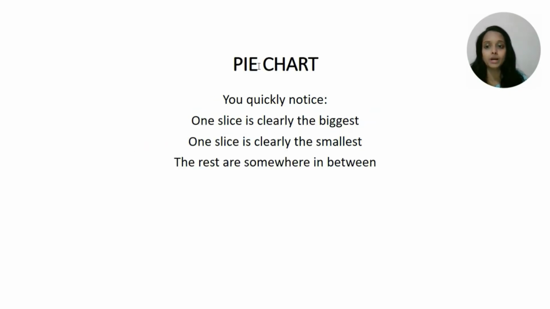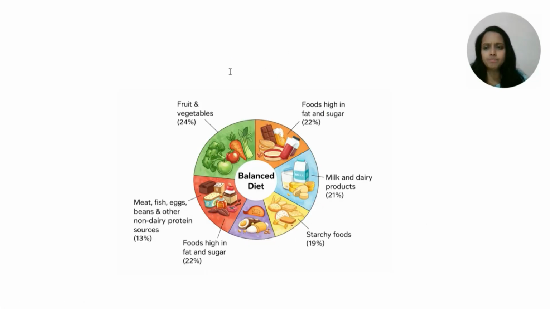The first one is about the pie chart. So in this pie chart, if you notice, here you don't read numbers one by one. You can quickly notice that one slice is clearly the biggest, one slice is clearly the smallest, the rest are somewhere in between, right? So that's enough content for 40 seconds.